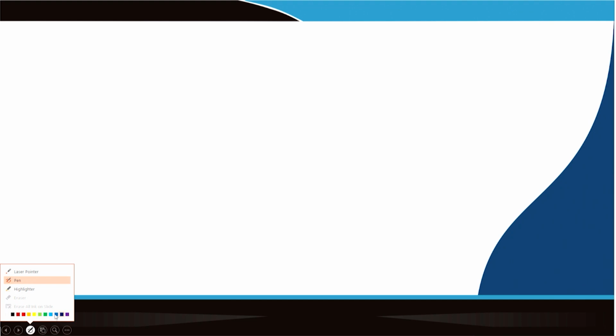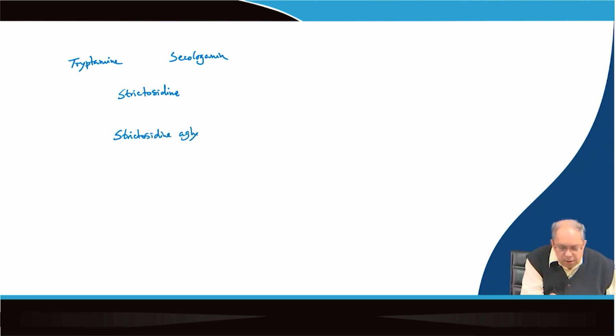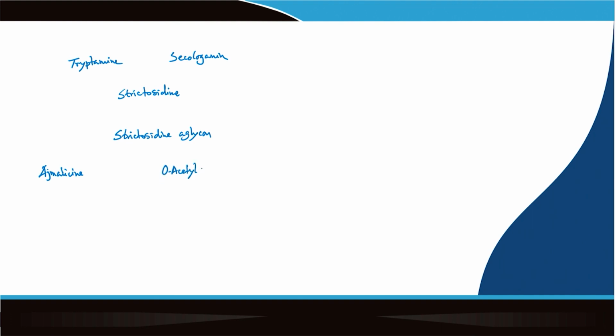Just to remind you the pathway, from tryptamine and secologanin, strictosidine is formed, and from strictosidine, aglycone is formed, and that ultimately leads to either ajmalicine, or through the formation of O-acetylstemmadenine.